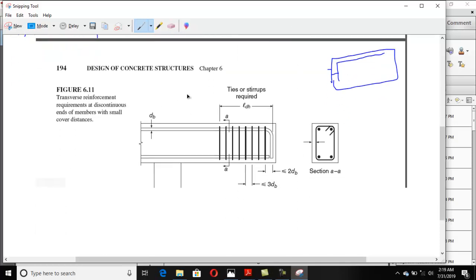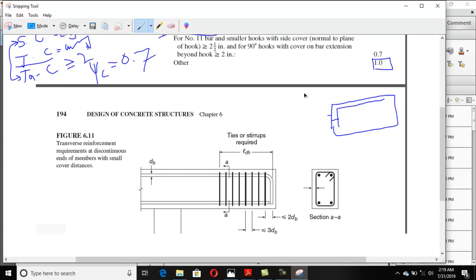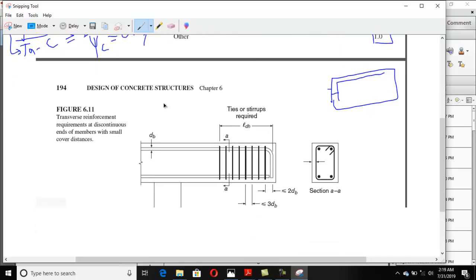This is a beam, and this is the support. You see that this beam is continuous over this support, but this is the free end of a cantilever beam. There is a little bit of difference between continuous and discontinuous. This is a discontinuous edge.